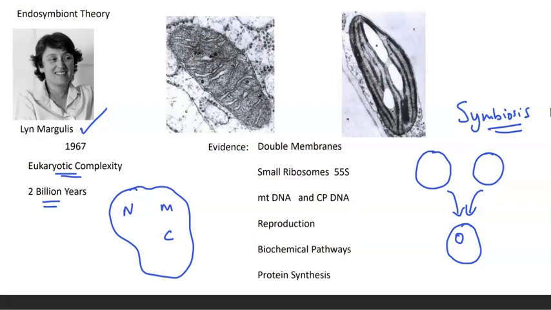And Margulis argued that mitochondria and chloroplasts were two particular examples, and indeed the nucleus, of this kind of symbiosis, cooperation between different types of prokaryotic cell to a higher level of functionality and a higher competitive edge in the natural selection process. Her evidence came from things like comparisons of ribosome structures, DNA structures, reproductive strategies, biochemical pathways, and modes of protein synthesis.